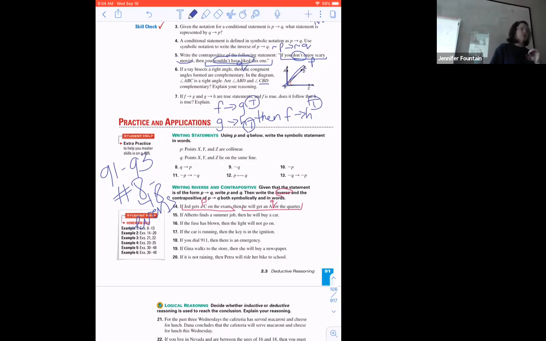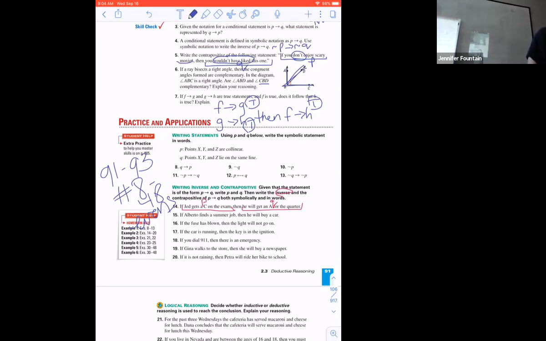P then Q is our conditional statement. If we flip-flop it, it's called the converse. If we negate both sides, that's called the inverse. And our contrapositive is when we have the negatives and it's flip-flopped. So basically the combination of converse and inverse makes up the contrapositive.